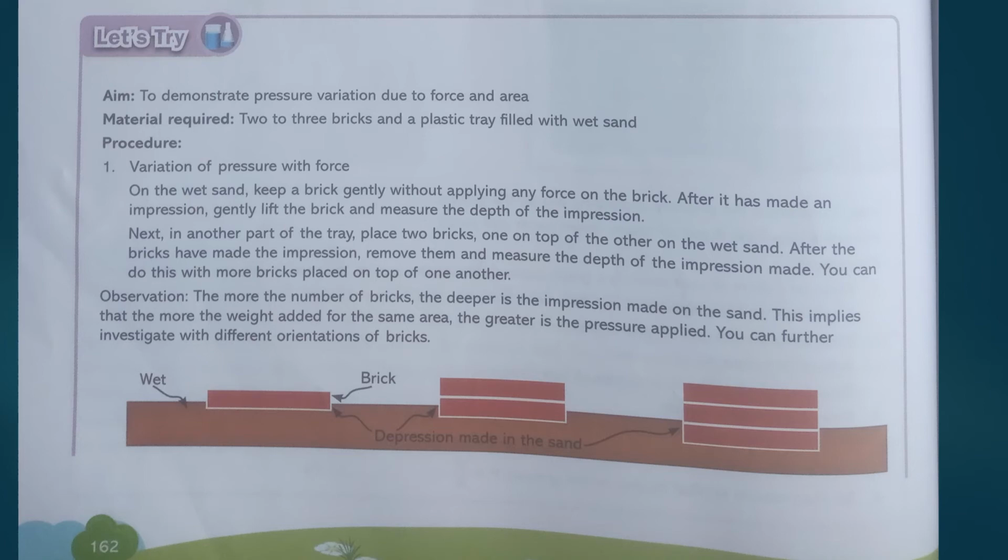To perform this activity, we need some materials: 1, 2 or 3 bricks and a plastic tray filled with wet sand. Procedure. First step: variation of pressure with force on the wet sand. Keep a brick gently on the sand without applying any force on the brick. After it has made an impression, gently lift the brick and measure the depth of the impression.